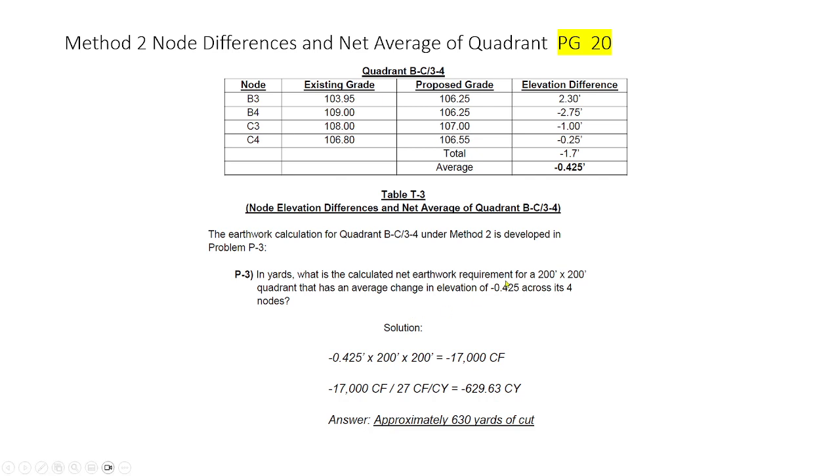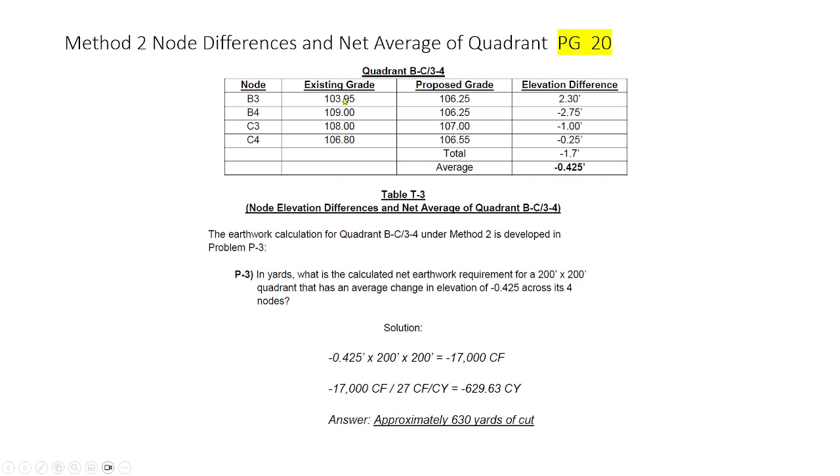And the best way to tell is you can look at this right here and see that this proposed grade is higher than this grade, right? So what does that tell you? It's a cut, right? You can look at it.